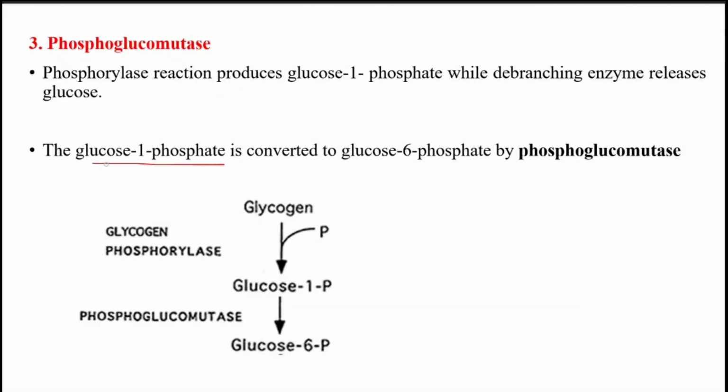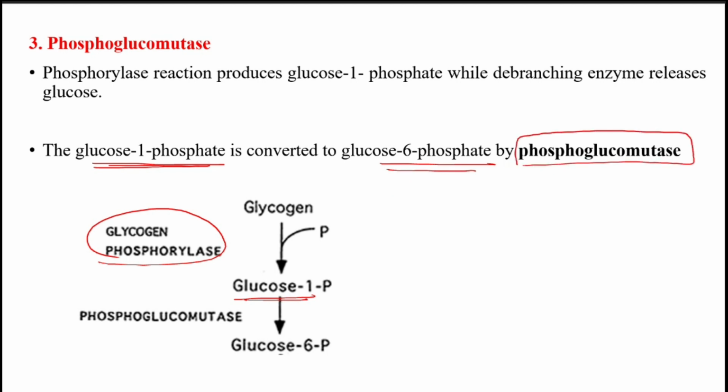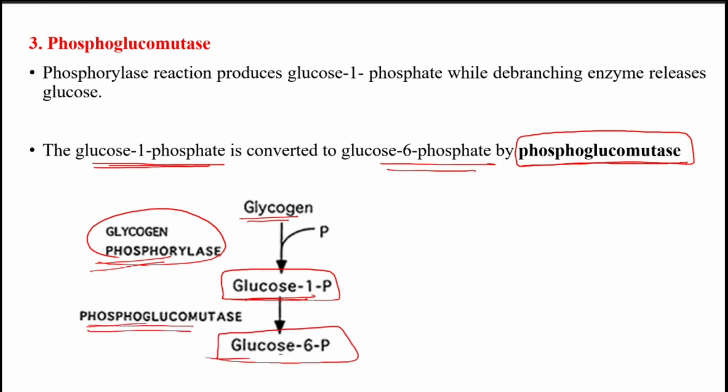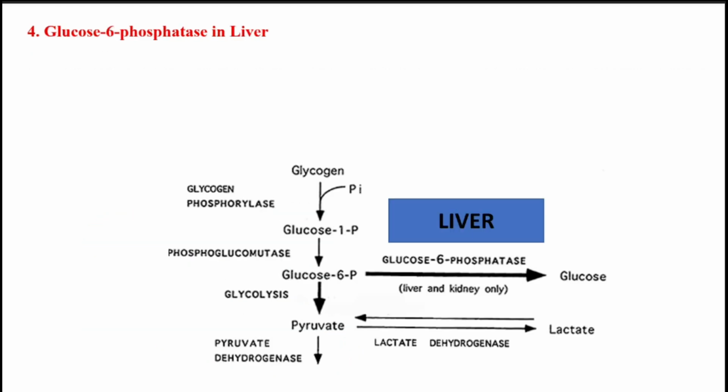The glucose 1-phosphate released by the action of glycogen phosphorylase is further converted to glucose 6-phosphate by phosphoglucomutase.